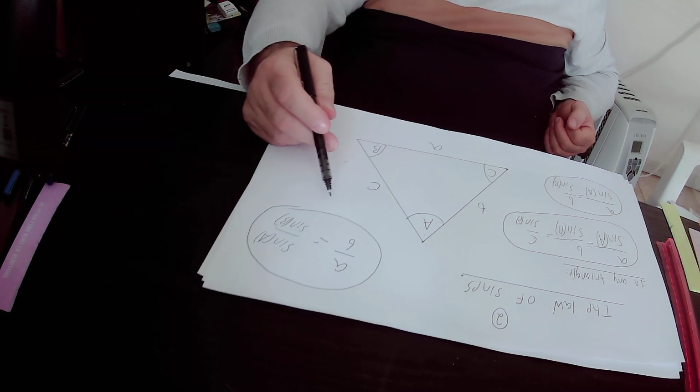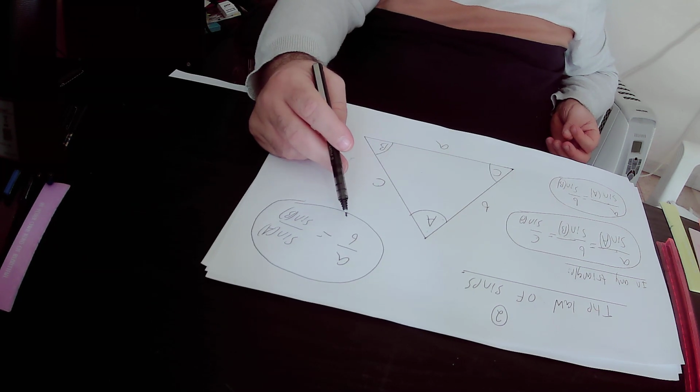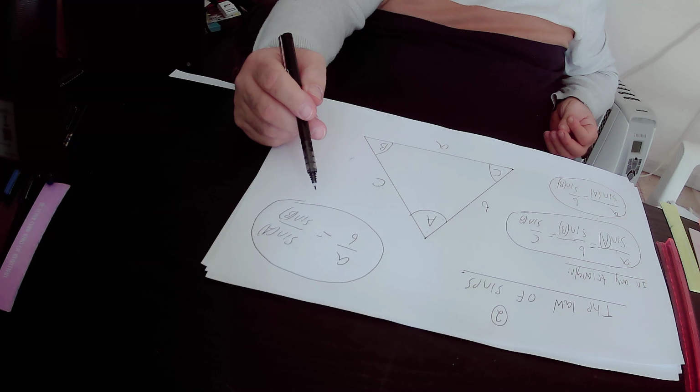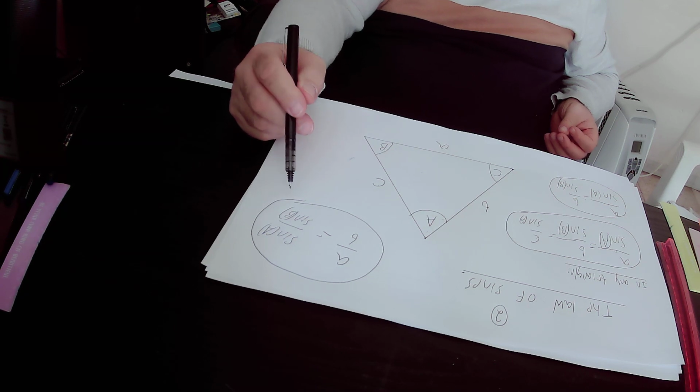Again, the ratio between the side lengths of any triangle is equal to the ratio between their opposite angles. Okay?